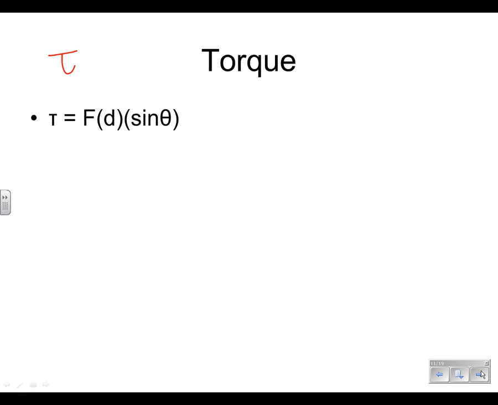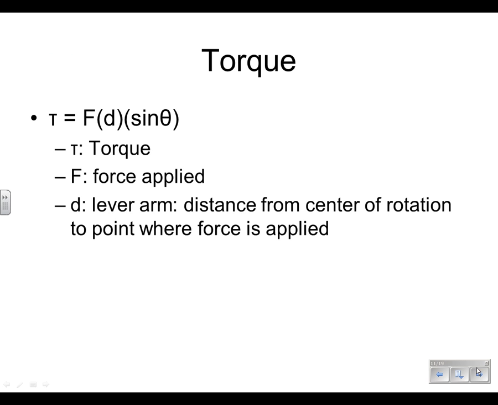First, let's go through it. That lowercase letter tau represents the torque that is going to be applied to that object. The F represents the amount of force that we're actually applying to that object. The d represents something that we call the lever arm. It's a distance from the center of rotation to the point where we are applying the force.